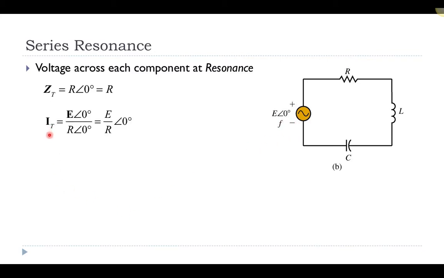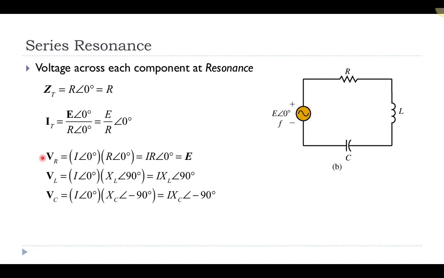I can then determine the total current in the circuit, and the current is just the voltage divided by the total impedance, which is all resistive. Again, these two components have canceled each other out at resonance. And so the total current is just the voltage supply over the resistance, and it has, in this example, a phase angle of 0 because my source is 0.